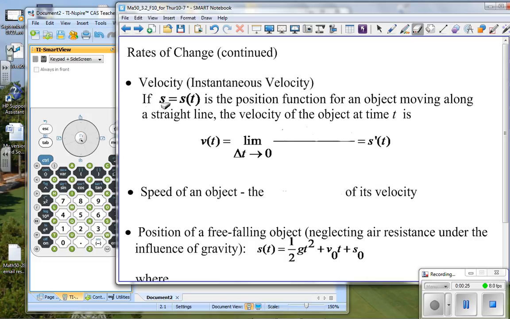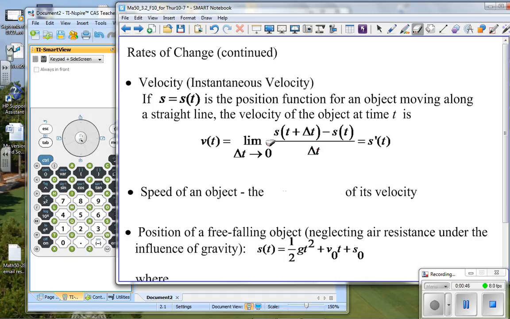Let's get down here. s is s of t, the position function we just talked about. Moving along a straight line, the velocity of an object at time t is v of t, and it's defined as the difference in the outputs of the position function divided by the difference in the inputs.